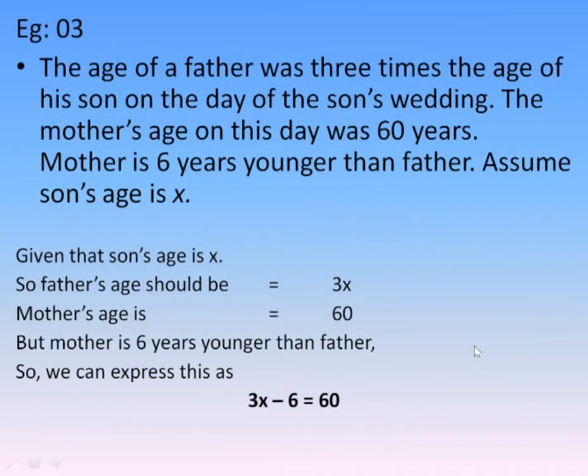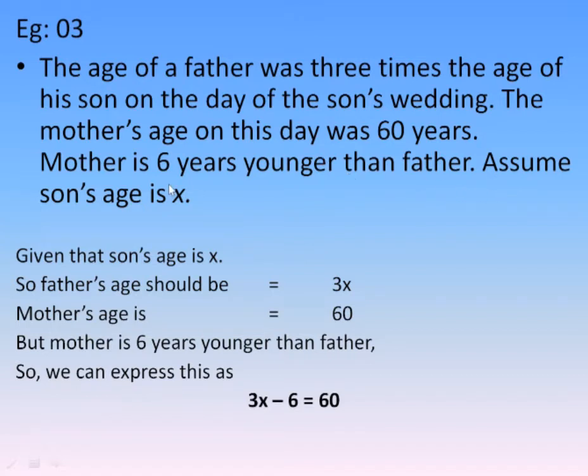This is a bit complex, so concentrate on this. The age of a father was 3 times the age of his son on the day of the son's wedding. The mother's age on this day was 60 years. The mother is 6 years younger than the father.